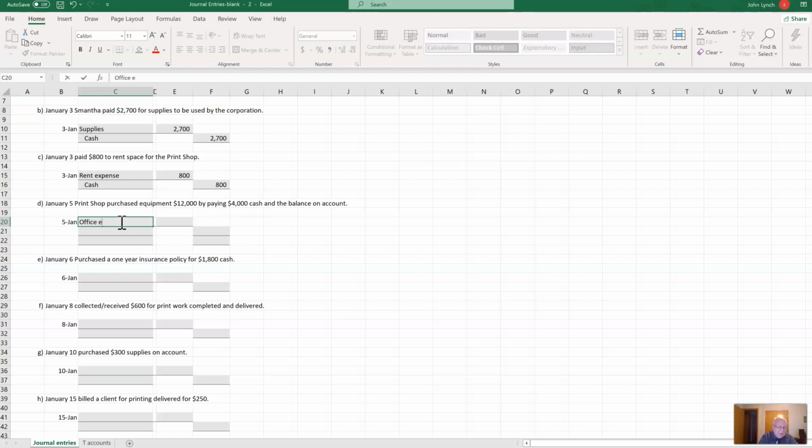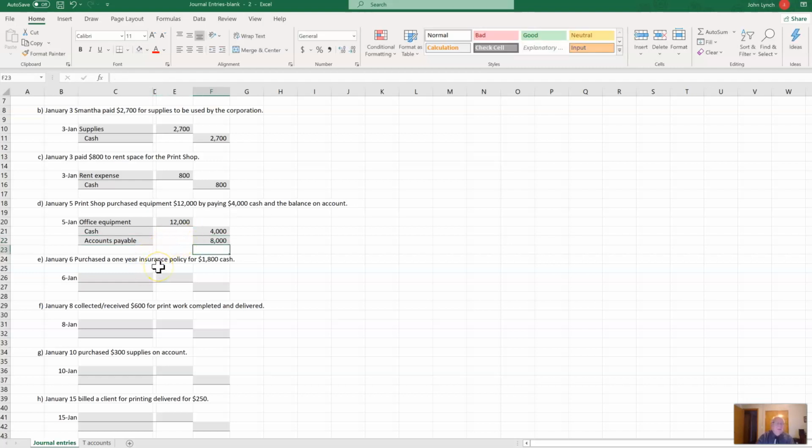I think that's what I called it in the other page. And that's for $12,000. Now remember, it doesn't matter when we pay for it. So we did pay cash out for $4,000 and accounts payable for the balance, which would be $8,000.